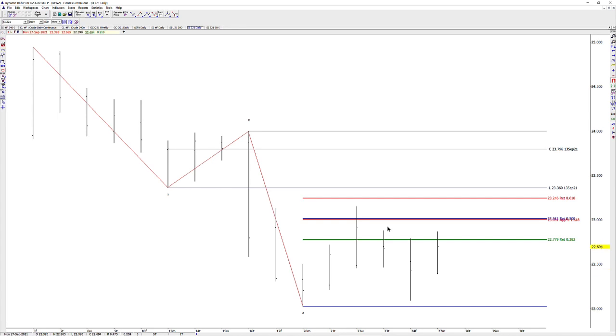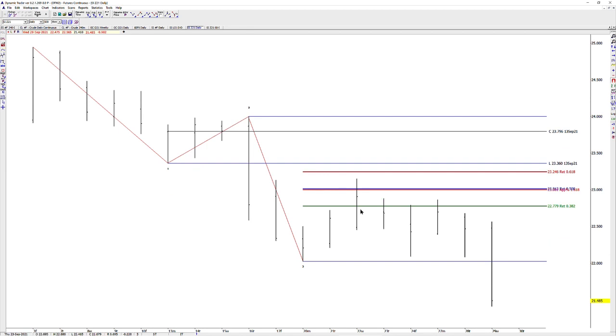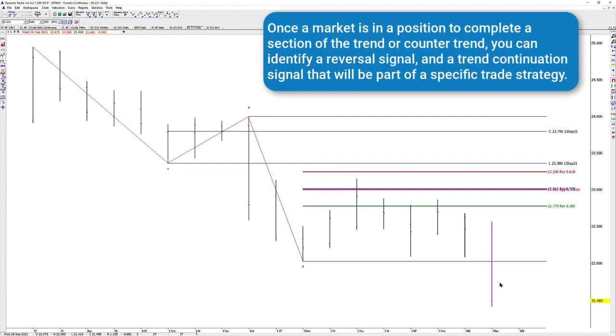I'll add some data onto this chart. So far it looks pretty good. And then as of the last bar on the chart, indeed, silver began to decline. So there's, of course, a lot more that goes into the whole trade strategy than just the price. But what we know as of this bar on the chart is that silver was in a pattern position, and a price position to complete a wave 4.